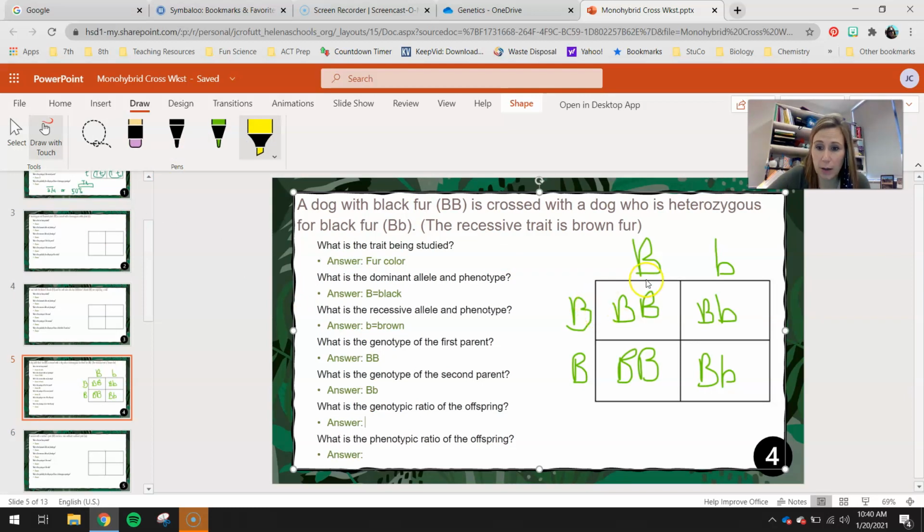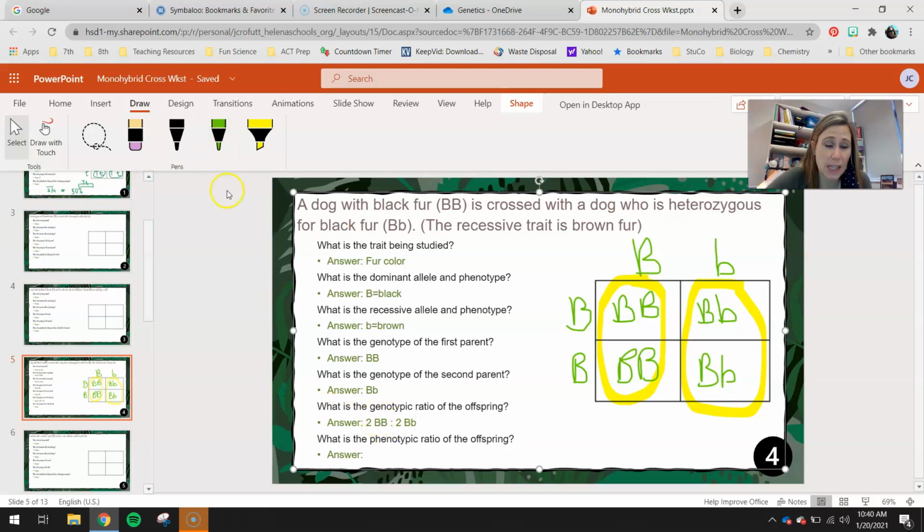So let's take a look. All right, right here we have 2 big B's. So we're gonna go 2 big B, and then use a colon. And now we're gonna look at our other one. We have 2 big B, little b, so 2 that are heterozygous. So we're gonna list those, 2 big B, little b, okay?